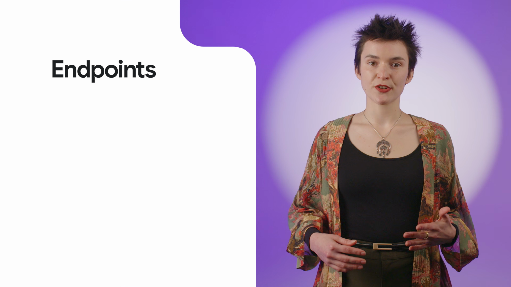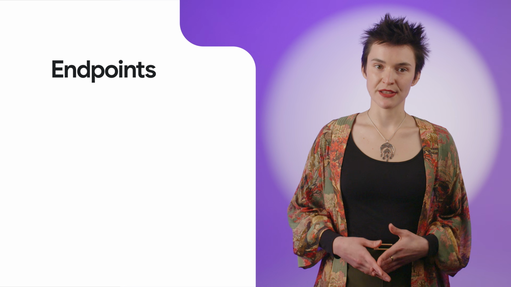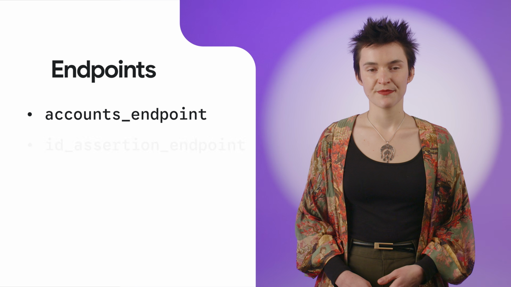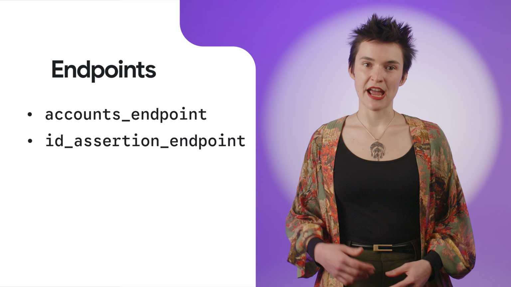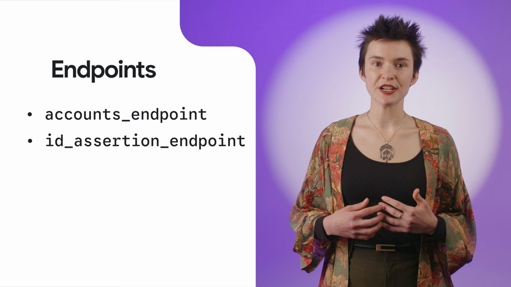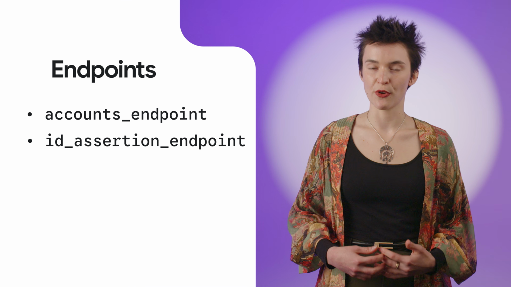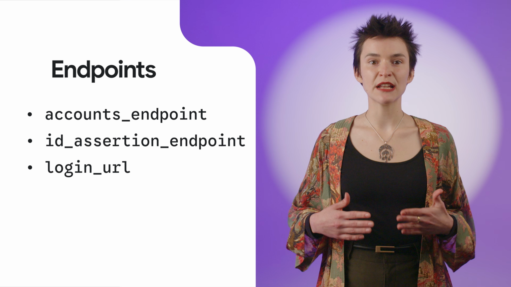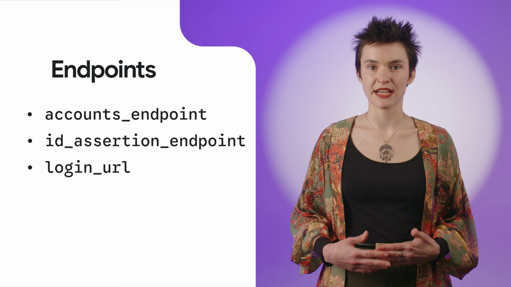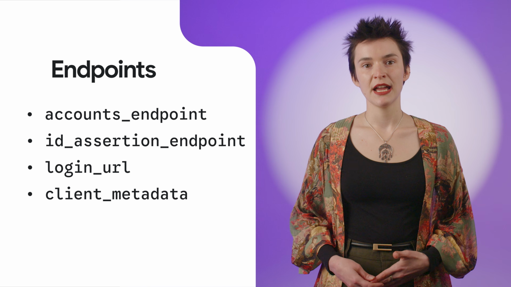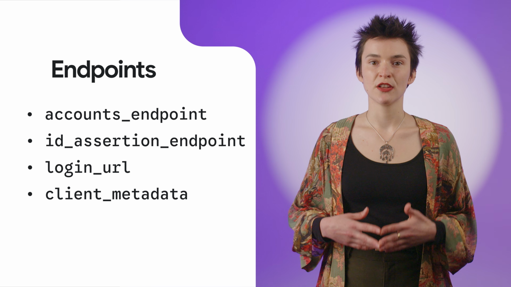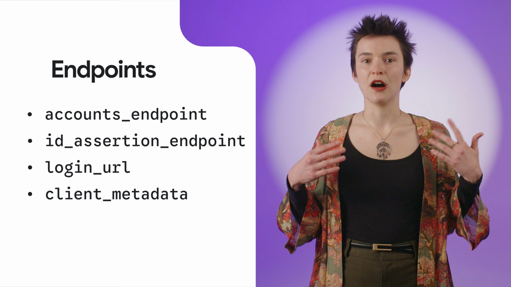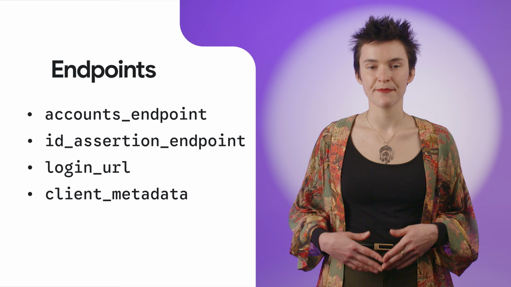The identity provider also needs to implement the following endpoints: an accounts endpoint to list the user's available accounts, an ID assertion endpoint which verifies the user and issues a secure token to log them in, a login endpoint which handles the sign-in page if the user isn't currently authenticated with the identity provider, and a client metadata endpoint to provide branding elements like the relying party's logo or privacy policy to the browser's UI.